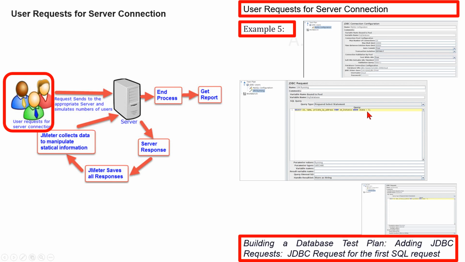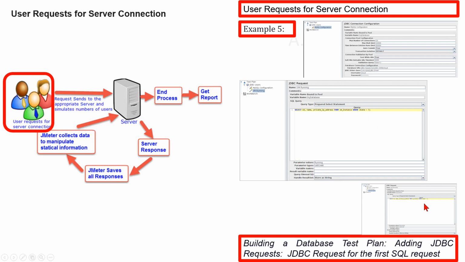Enter the parameter values field with the running value, and enter the parameter types with varchar. In this figure, you can see here the JDBC request for the first SQL request.